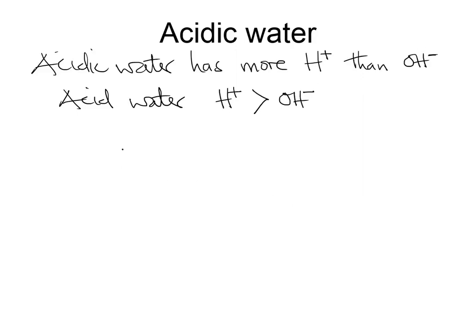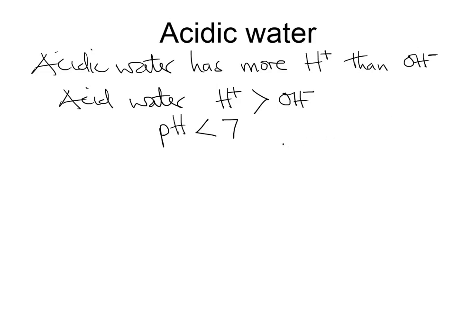So in acidic water, the pH is less than 7. So think about it. Acidic water has more hydrogen ions and the pH is less than 7.